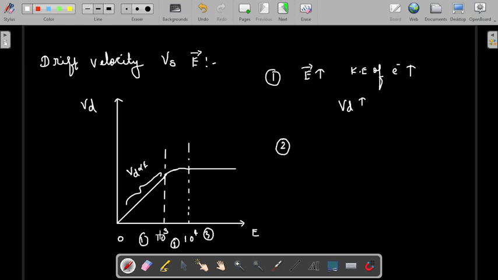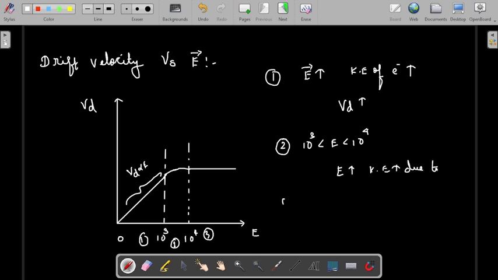In the second region, from 10 power 3 to 10 power 4, the same thing happens: the electric field is increasing and the kinetic energy is increasing, but due to collision of electrons, there will be more collisions.